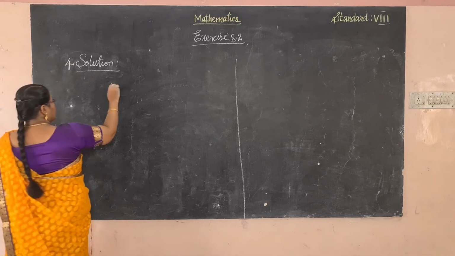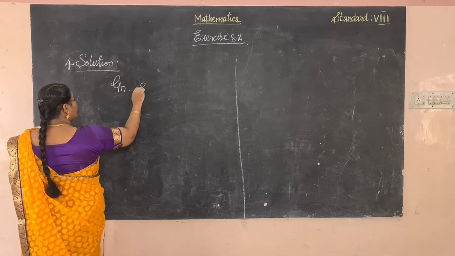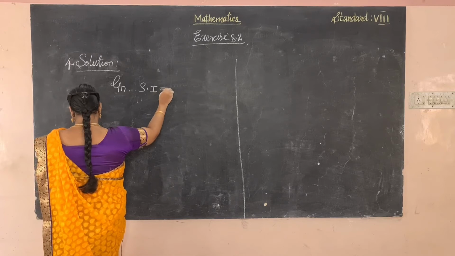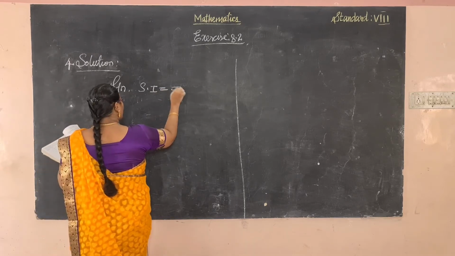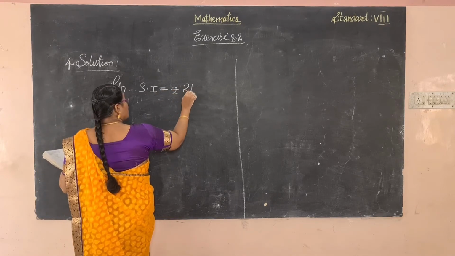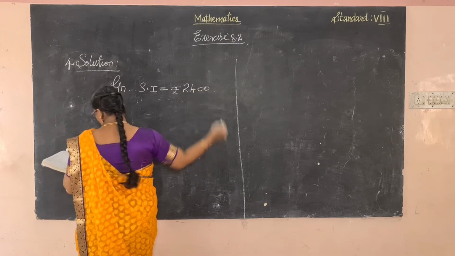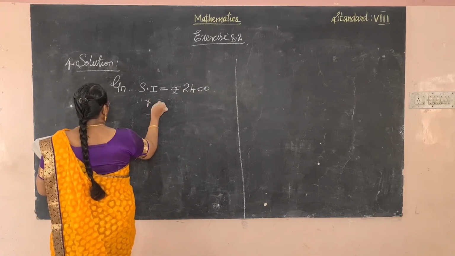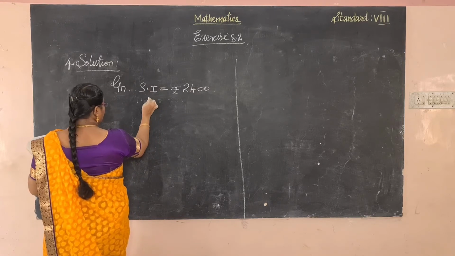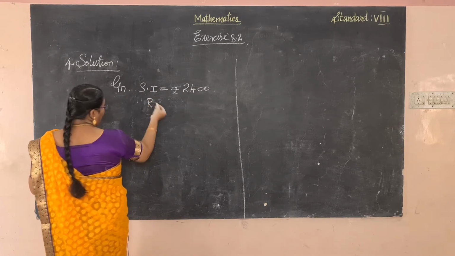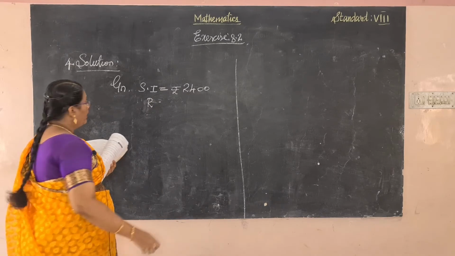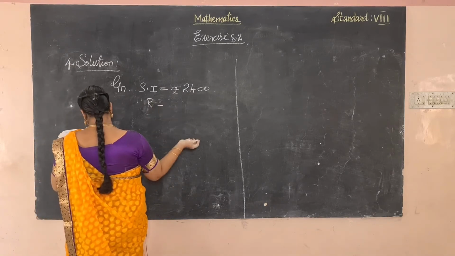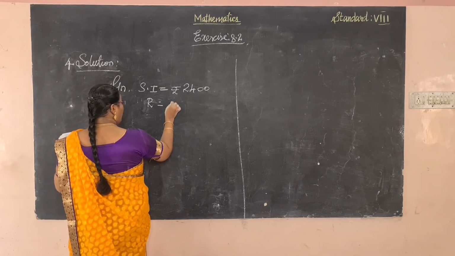So what data are given? Simple interest is given, rupees 2,400. Then rate of interest R. Here simple interest is given, so we use capital letter R. Capital R is equal to 4%.